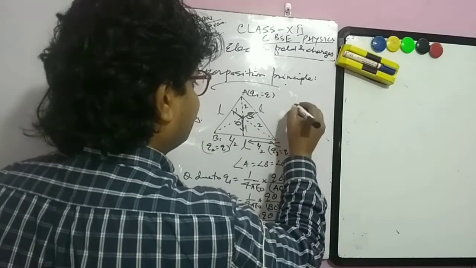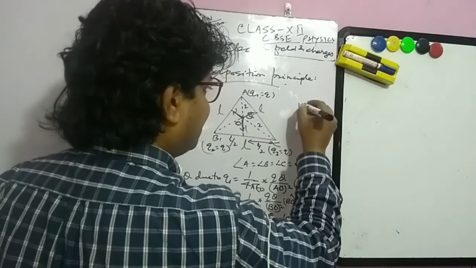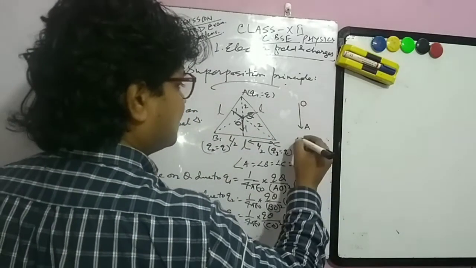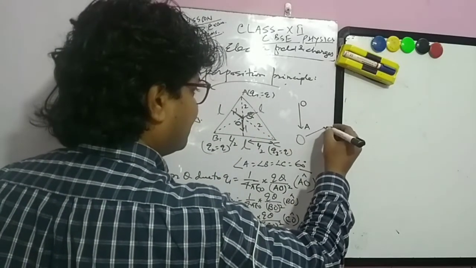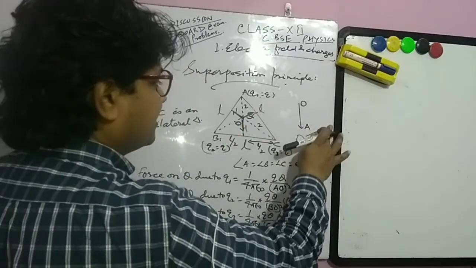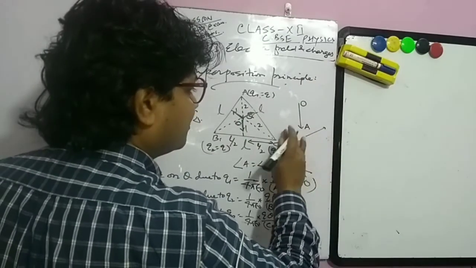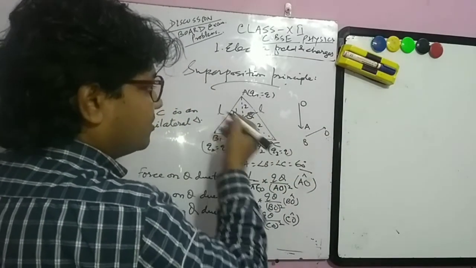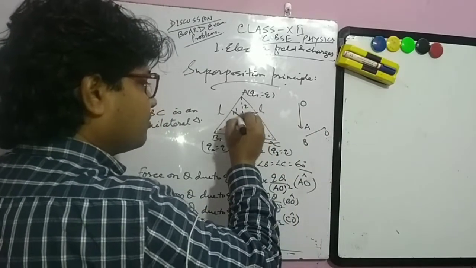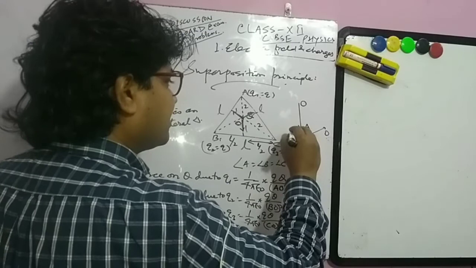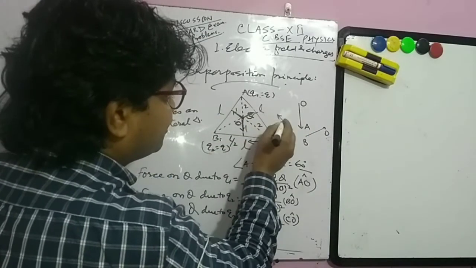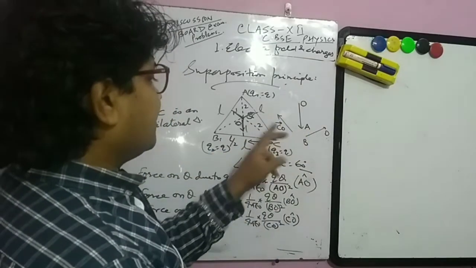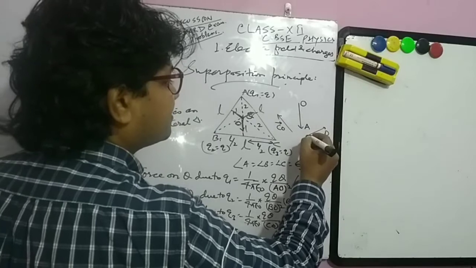So we can write the AO vector, the OB vector, or the BO vector, and the CO vector, which is going in this direction.